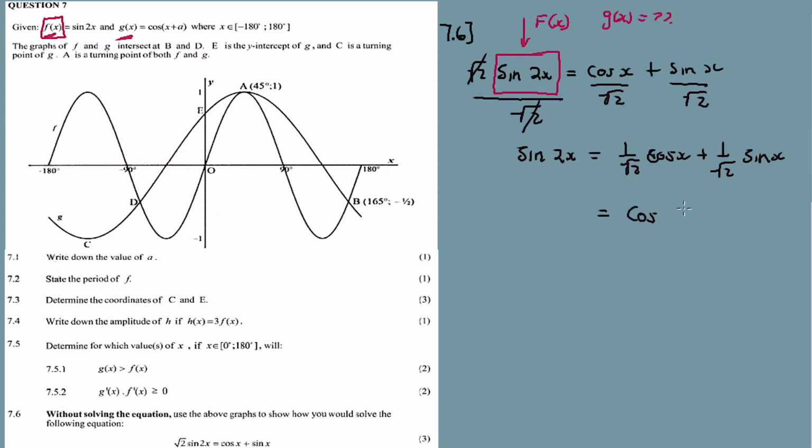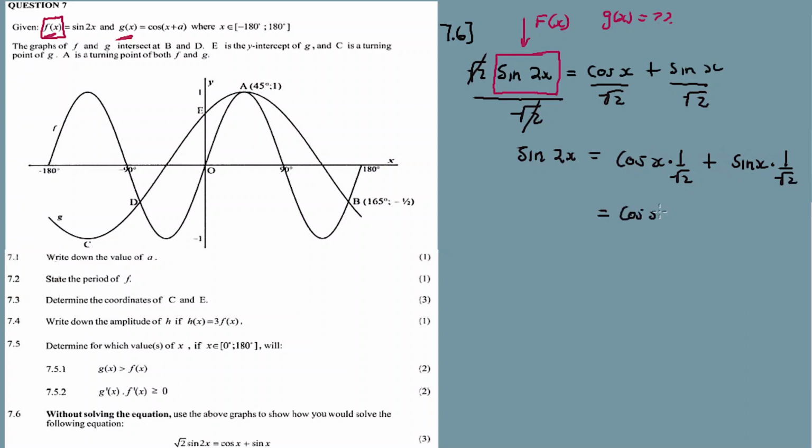Nangayibhala so cos 45 degrees. Okay, I think ngibhale so. Ngibhale so, cos x times 1 over square root 2 plus sine x times 1 over the square root of 2.